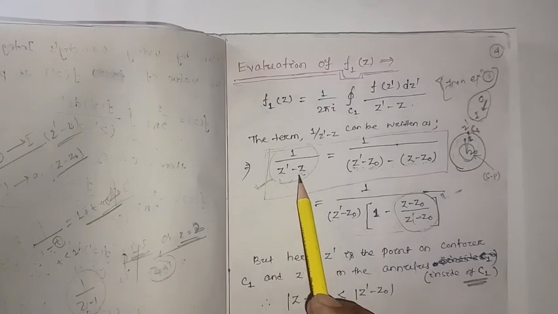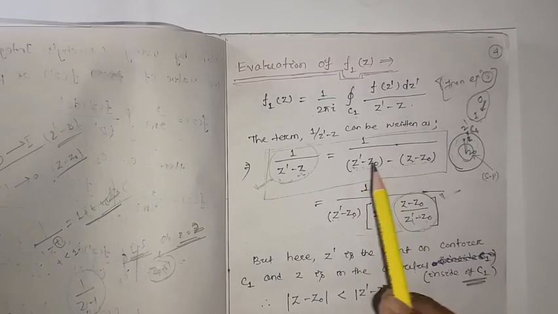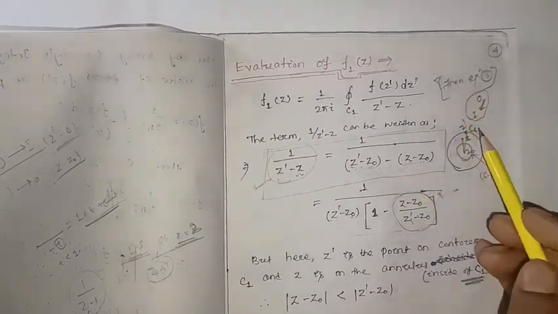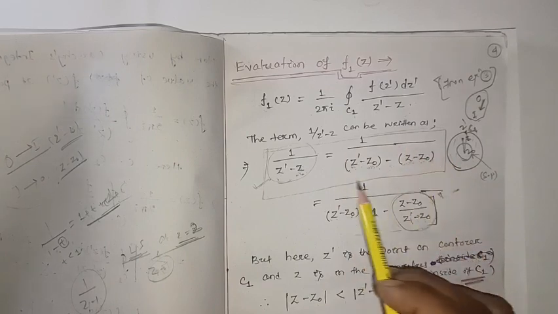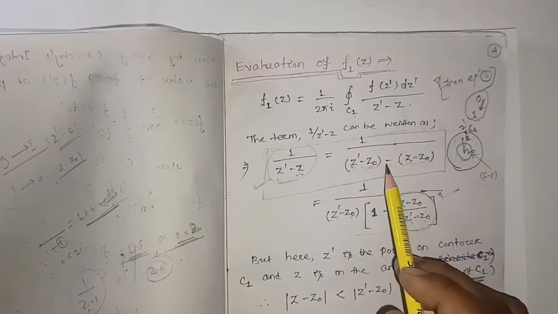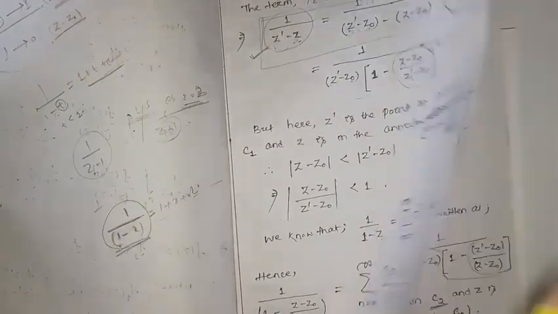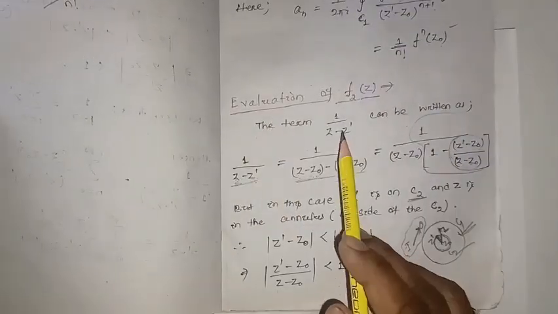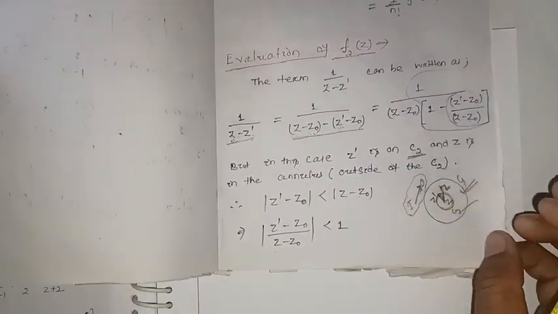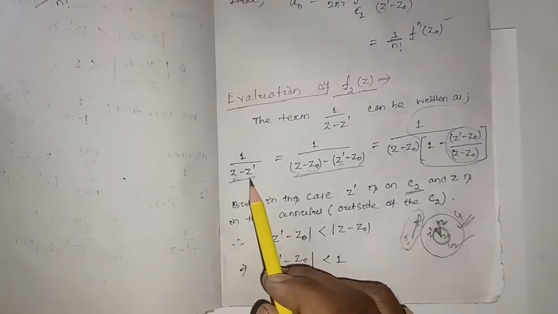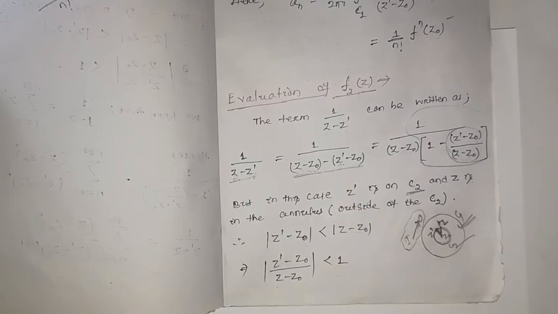And here I'm going to show you the evaluation of f1(z). At that time 1 by (z dash minus z) is written as 1 by ((z dash minus z0) minus (z minus z0)), because for the outer circle, if we are moving from outer to in, we have to use this method. Whenever we consider f2(z), the inner circle, we have to move in the in to out situation. For that, 1 by (z minus z dash) will be written as 1 by ((z minus z0) minus (z dash minus z0)).